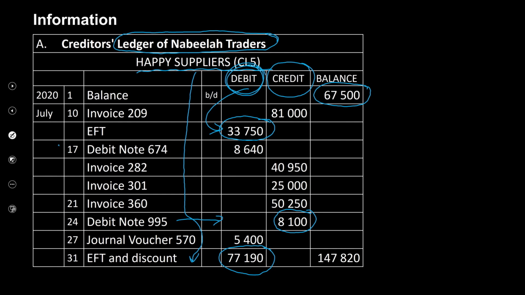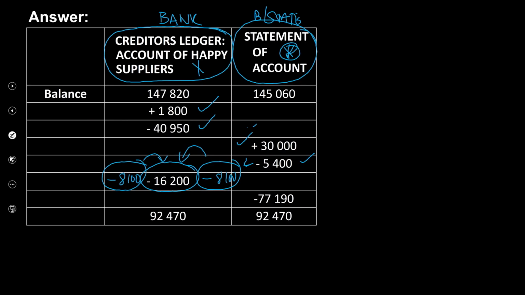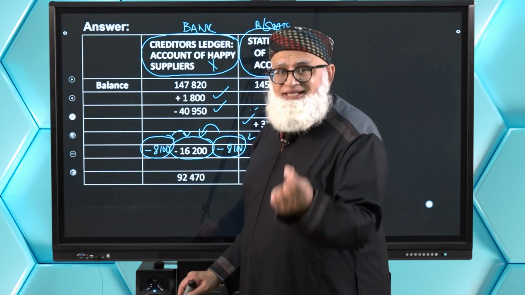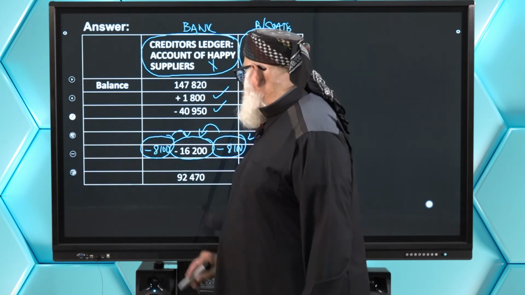So the correct entry should have been a debit of 8,100. Can you see? So therefore, to correct it, we have to double the amount for it to then have the desired effect of reducing the amount that we are owing to our creditor by 8,100.